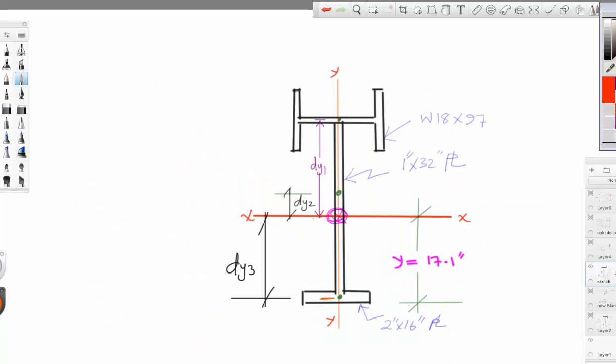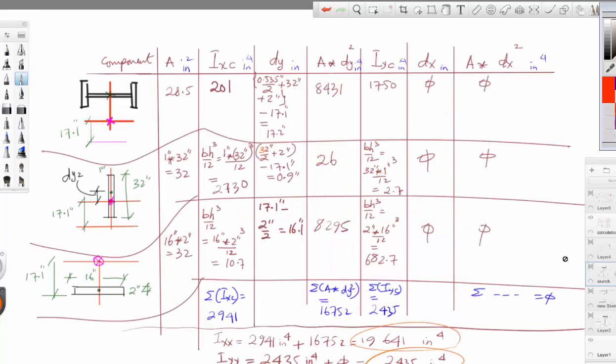The distance is from here to here, so it will be the entire distance, which is 17, minus this distance, which is 2 divided by 2. So 17 minus 2 divided by 2.